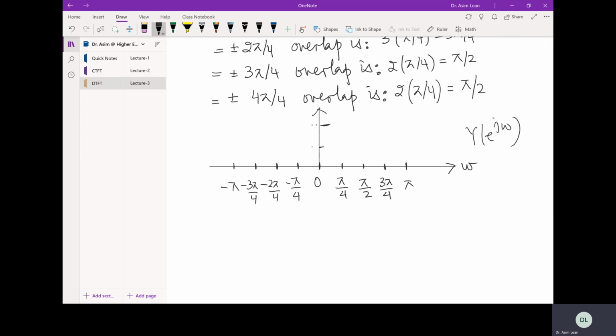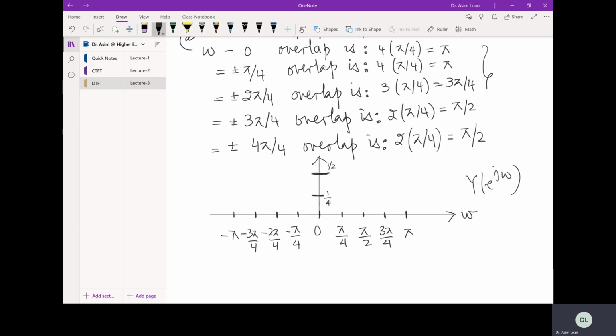Okay. So this one is half, or 1 by 4. This is 1 by 4, and this is half. Okay, this is half.